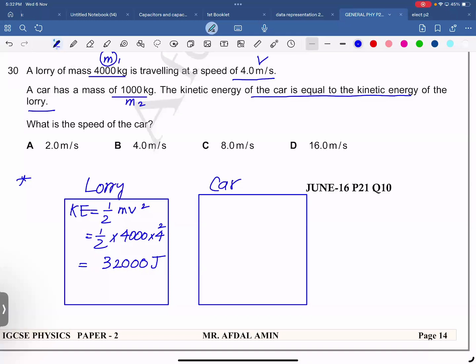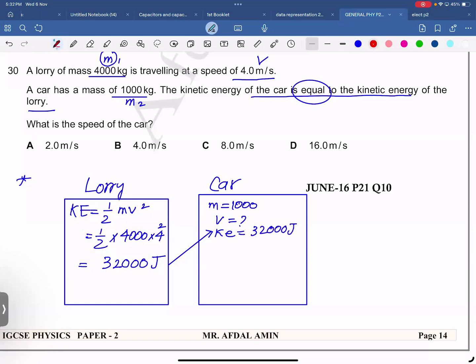Now car. Car mass is 1,000. Speed we want to find. Kinetic energy, they say it is same. It's written in the question. So same kinetic energy means 32,000 joules.